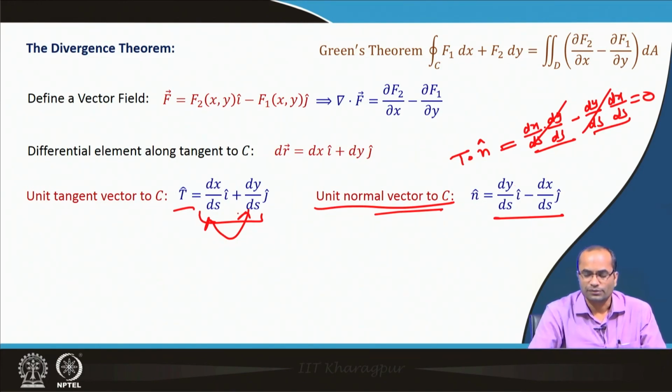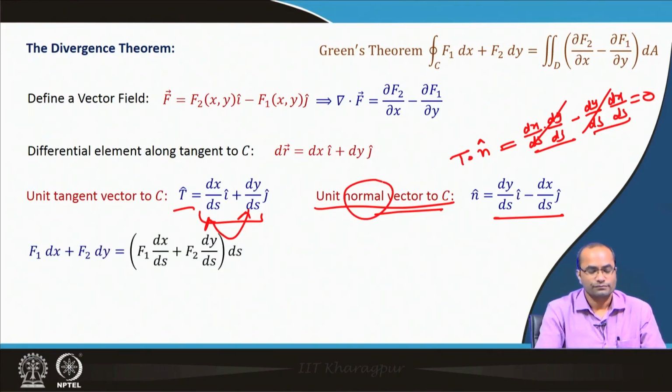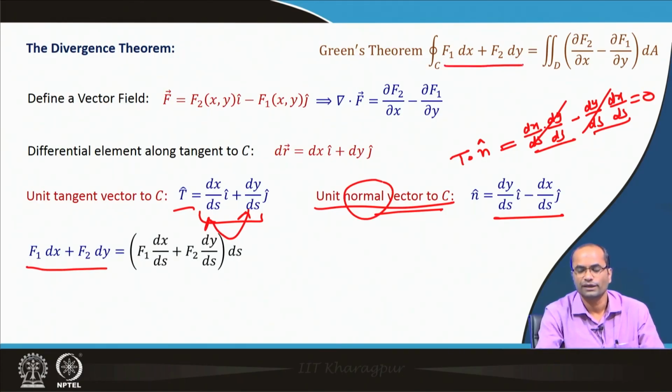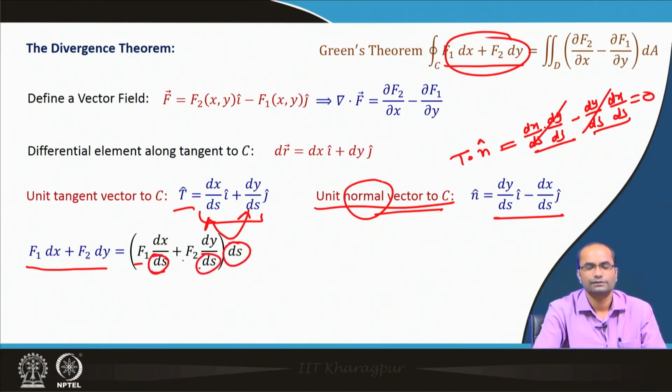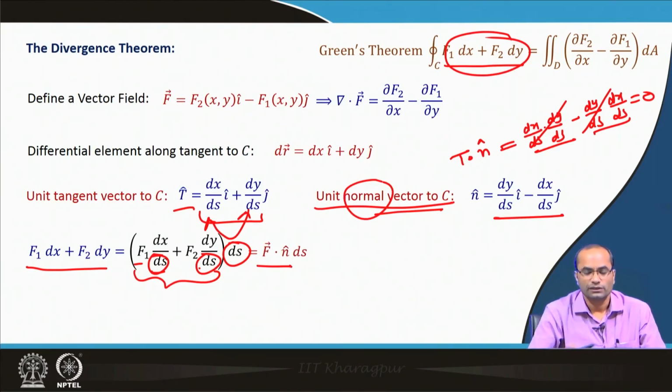So, we have precisely the normal vector to C at a general point x y. Then we can write f1 dx plus f2 dy, the integrand of the left hand side in Green's theorem, as f1 dx over ds plus f2 dy over ds, times ds to compensate for the differential element. Now, we can observe that f1 dx over ds plus f2 dy over ds can be written as the dot product with the normal vector.